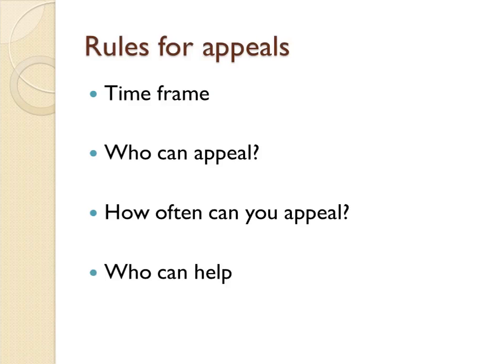Who can help with an appeal? The taxpayer can submit any information that he wants to about the appeal. A real estate agent can provide information for the appeals, especially the informal appeal services.